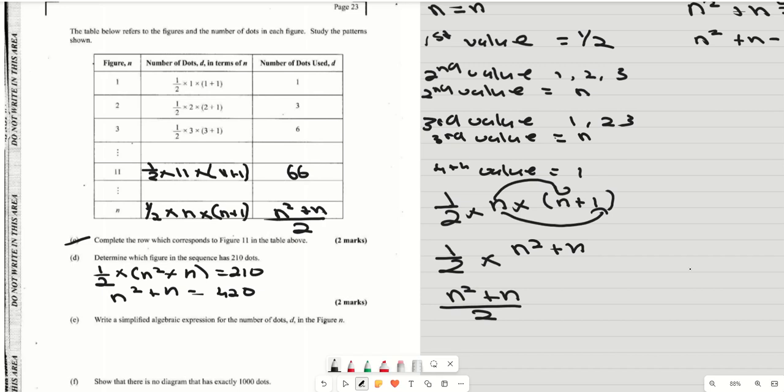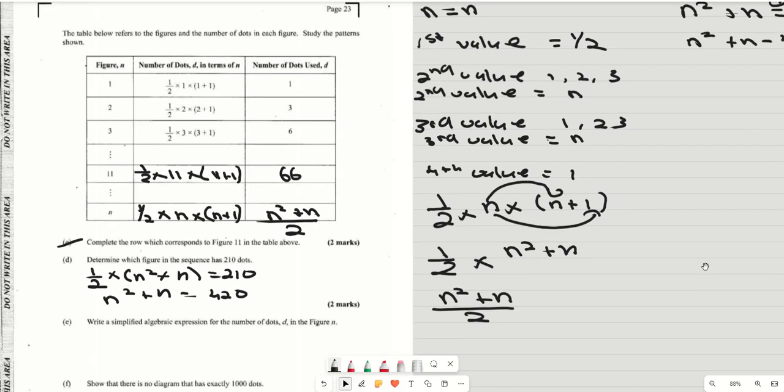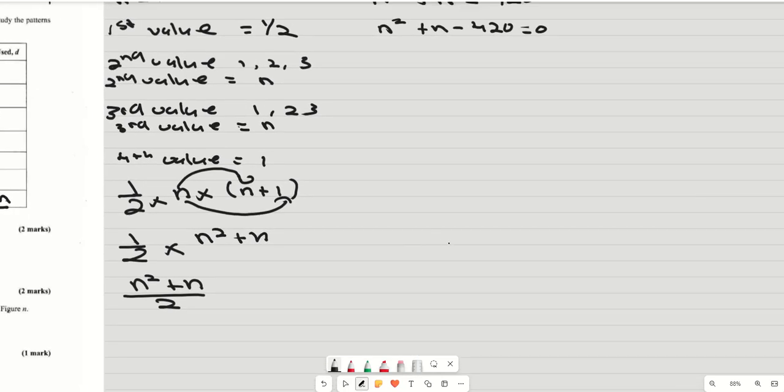So you get a half multiplied by, open bracket, n squared plus n, right, is equal to 210.